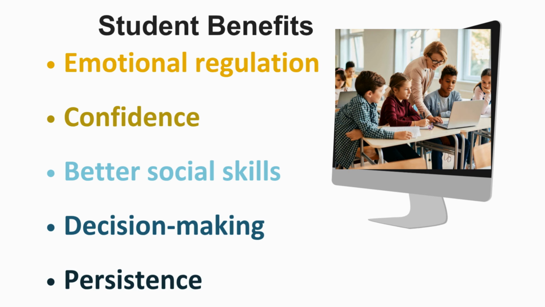So interactions socially in your classroom will improve. They make better decisions because now they're conscious and aware of what they're doing and how it's going to impact them. And self-awareness also fosters persistence. So when it gets rough, they're aware of themselves, they know what their limits are, and they can push themselves accordingly.